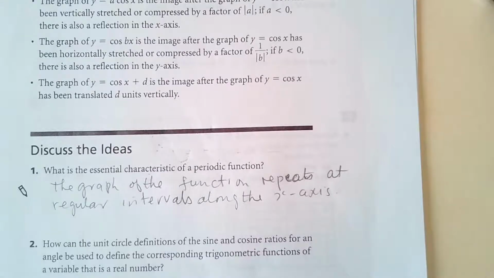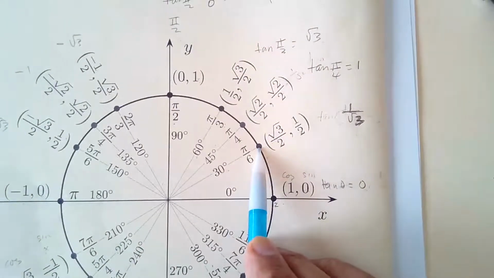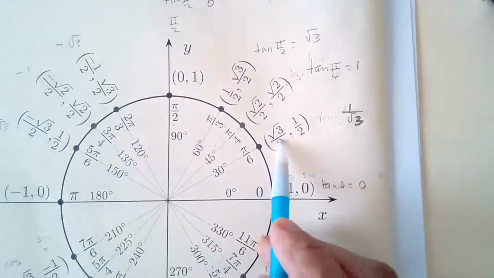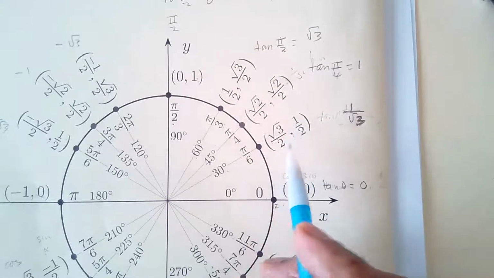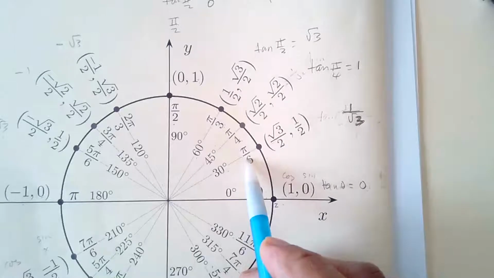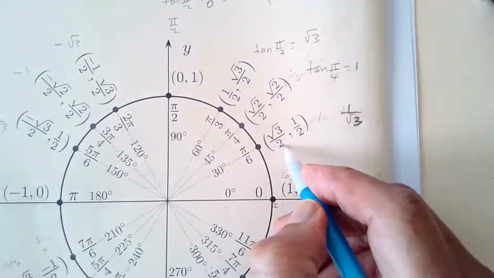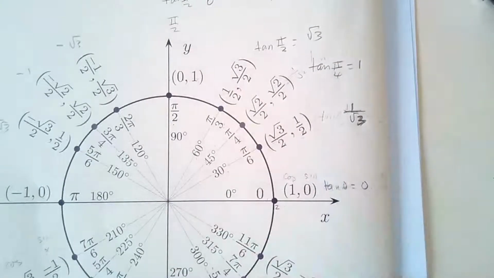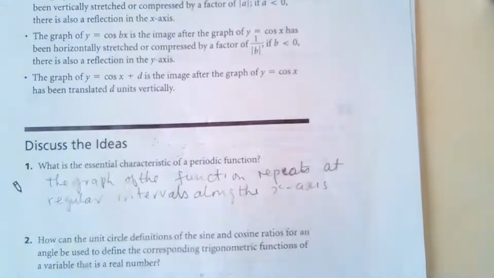So remember, the coordinates of the points where the terminal arm of the angle in radians intersect, the x is for cos and the y is for sine. So cos is your x and sine is your y. And that's going to be used to get your sinusoidal function.